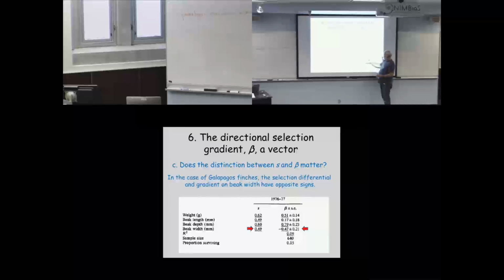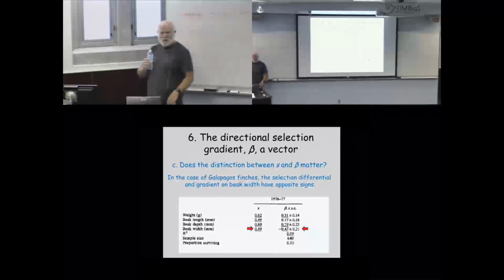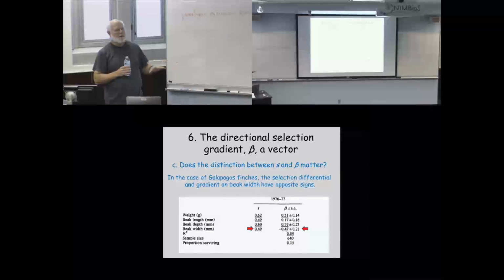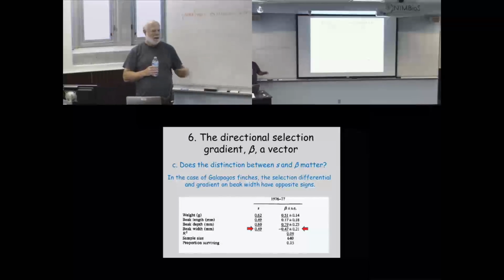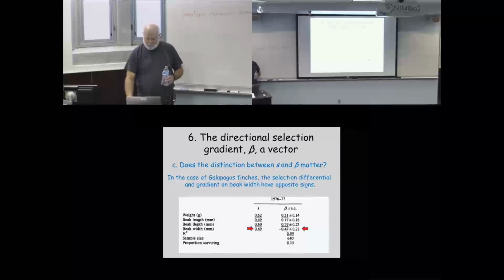And if you read the original article, there's an ecological functional interpretation for why this is actually true, because of the properties of the drought. Birds with narrower beaks were favored because they could twist the seeds on these seed pods or something like that. Anyway, the general point is you can be misled by S. S and beta are going to give you very different answers.